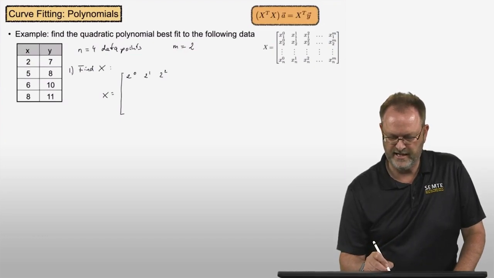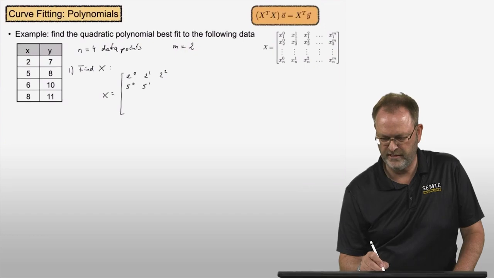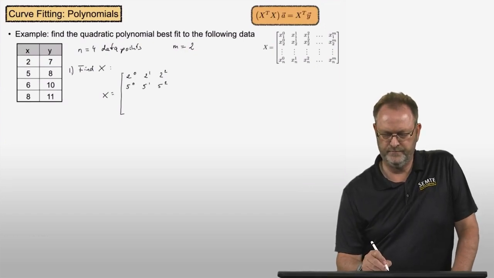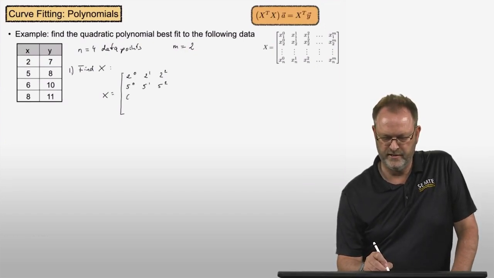Next up is the second data value, so that would be 5 to the power 0, 5 to the power 1, 5 to the power 2. And then I move to the third data point, 6 to the power 0, 6 to the power 1, 6 to the power 2. And then finally the last data point, 8 to the power 0, 8 to the power 1, 8 to the power 2.